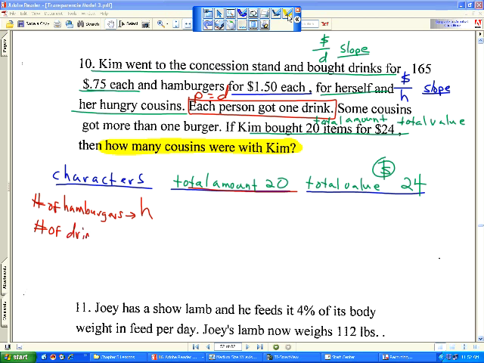Drinks, which we'll call D. And we really want to know how many cousins were with Kim, which is going to be one less than the number of drinks, right? Because we're not going to include Kim, but we'll mess with that later. Now this is items. The total amount of items. What's my equation for that? H plus D equals 20. The number of hamburgers plus the number of drinks is equal to 20. Items plus items is items.